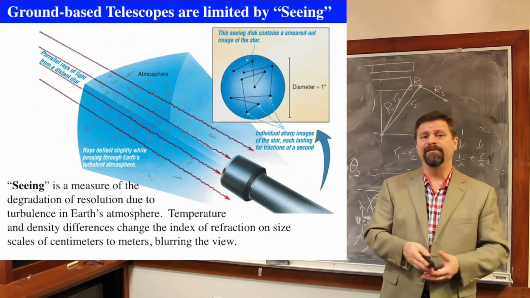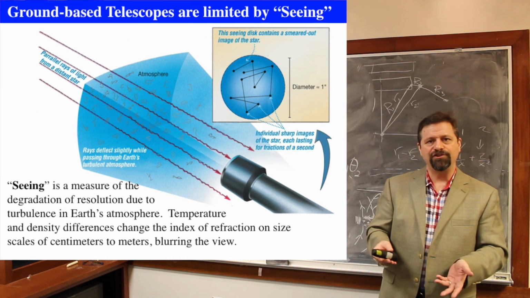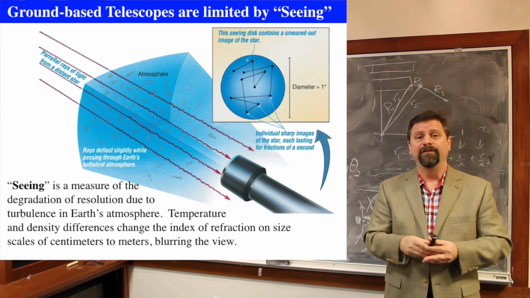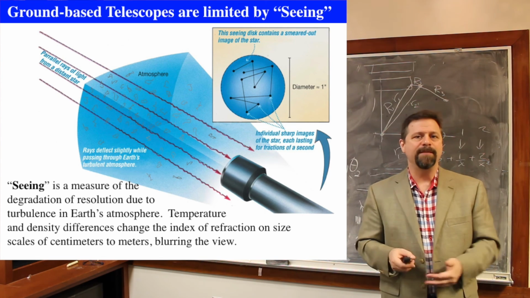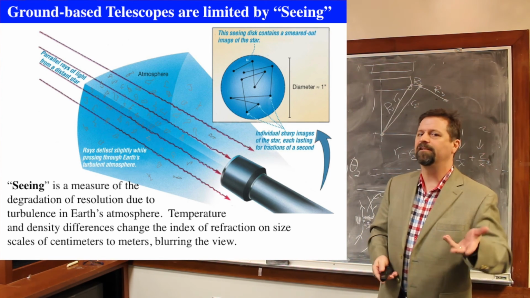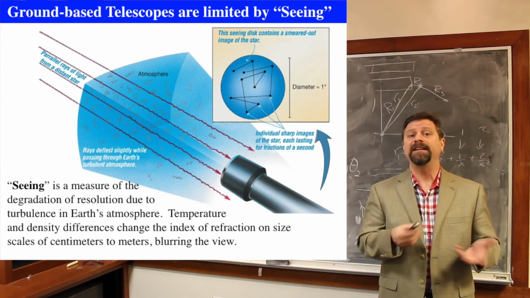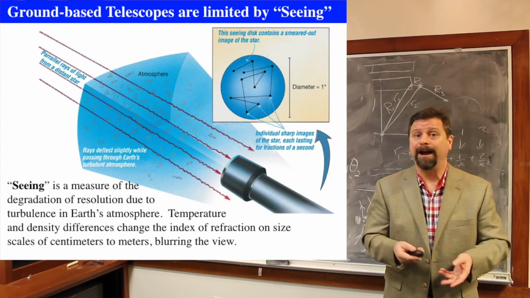If seeing is bad, meaning it's kind of turbulent, there's lots of moisture in the air, there are clouds in the sky, maybe there are high clouds, then the seeing is bad and it looks schmutzy. Yeah, you might be able to see some stars through a very thin cloud layer, but you wouldn't want to try to take detailed images of some faint star cluster or some faint nebula because it'll be out of focus.